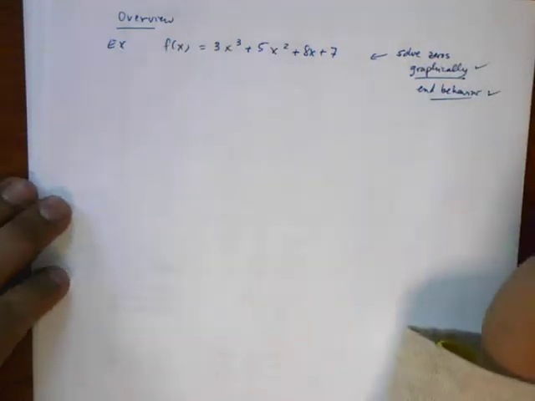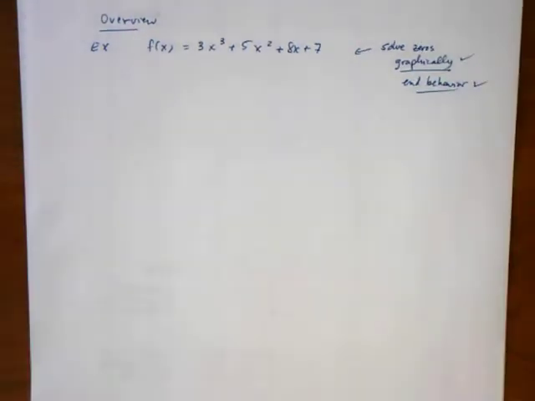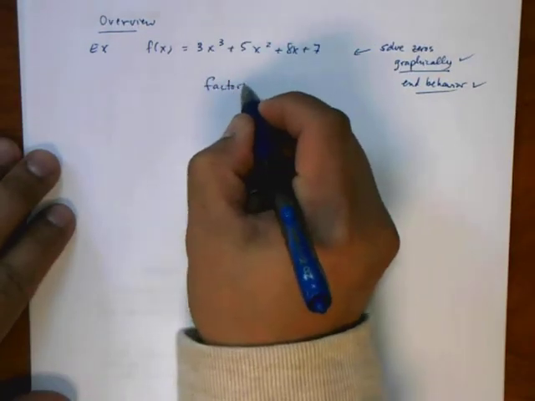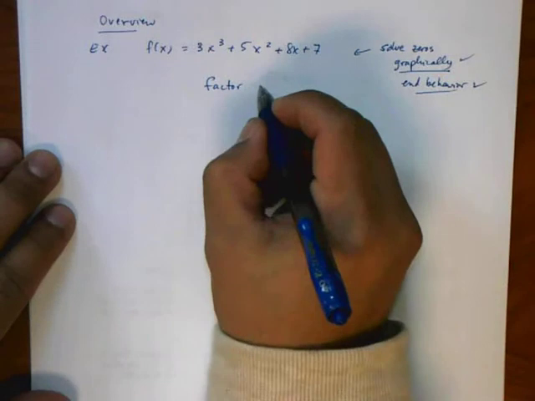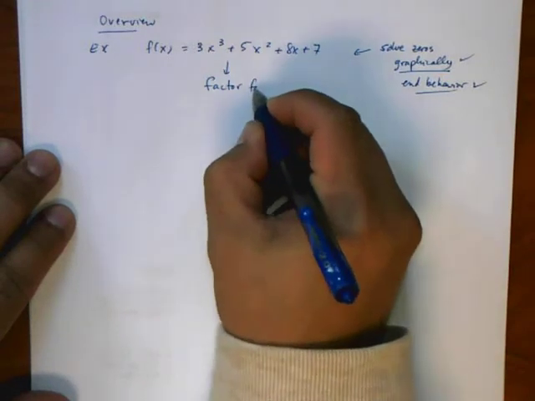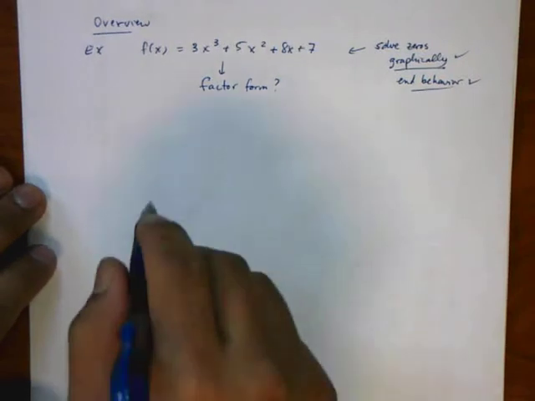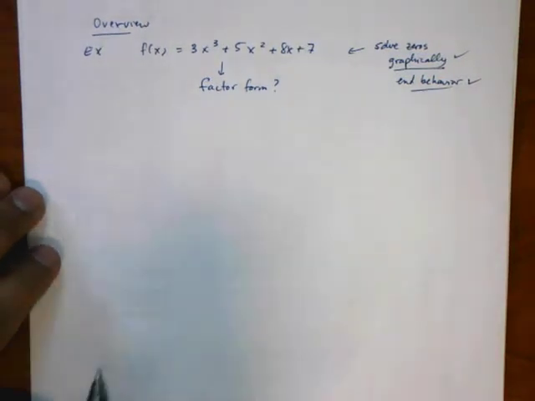And one of the issues that we talked about last time in the previous section is multiplicities and factor form. So one of the main ideas for today is how do we convert this into factored form. And this is a very long process. It's actually a very difficult concept.